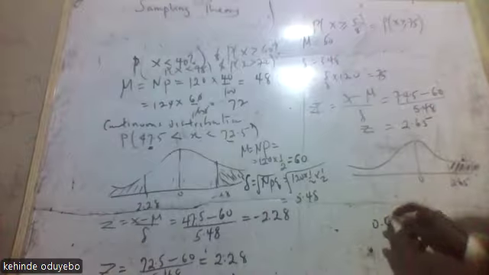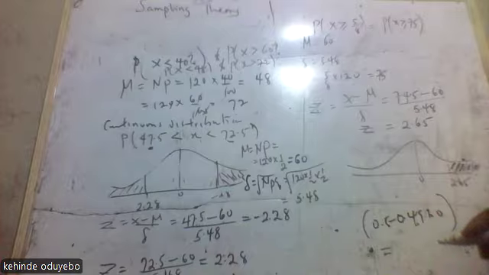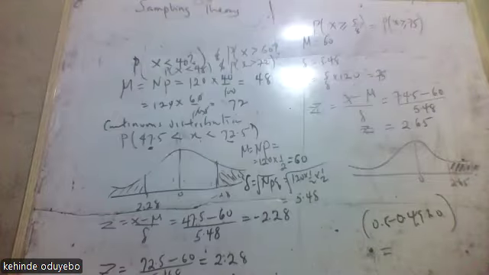That's going to be 0.4960. Sorry, 0.4967. What will I do? Am I done with the calculation? You have to subtract it from 0.5. Yes. So what will I get? 0.5 minus 0.4967.